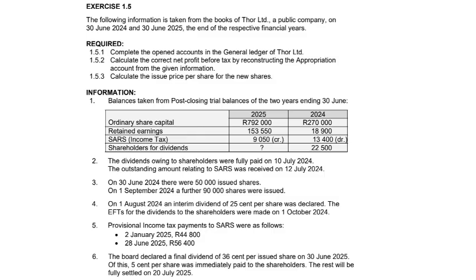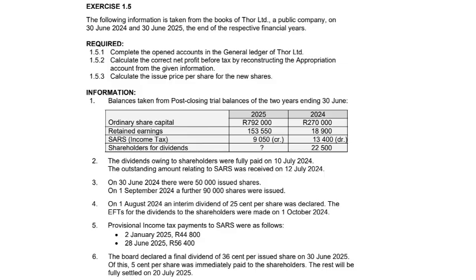Retained earnings: 153,550, and 18,900 for 2024. SARS income tax credit balance in 2025, 9,050 Rand. In 2024, debit balance, 13,400 Rand. Shareholders for dividends: 2025 figures need to be calculated, and 2024, 22,500 Rand.